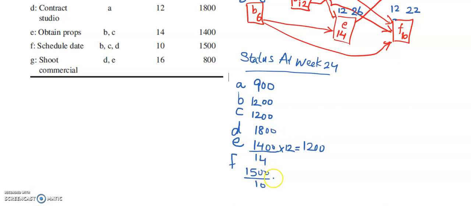So all of the days are here, so actually we don't need to calculate; there will be the total for F. So the total planned value for this case will be equal to the sum of these values: 900, 900, 1200, 1800, 1200, and 1500. So it is equal to 7800. So this will be the planned value.